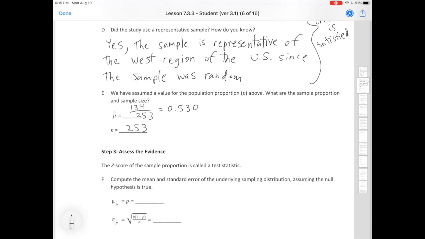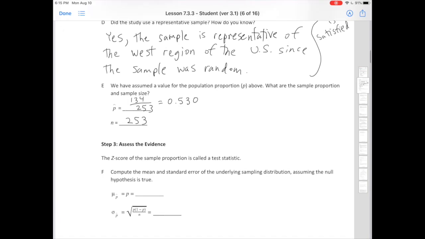Okay, so now let's go over to the next step. Step 3, assess the evidence. The z-score of the sample proportion is called a statistic. Compute the mean and standard error of the underlying sampling distribution, assuming the null hypothesis is true. So we know that P is 0.5 if we assume the null is true, and that's the mean. What about the standard error?